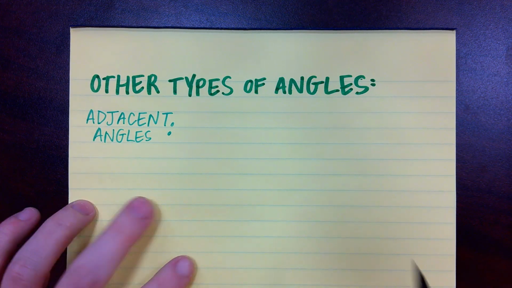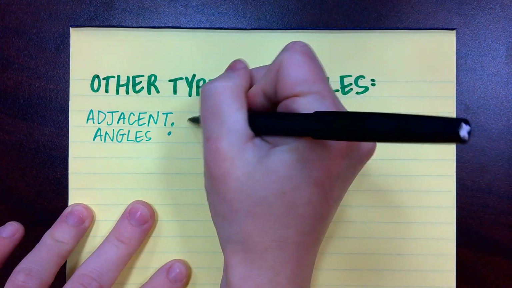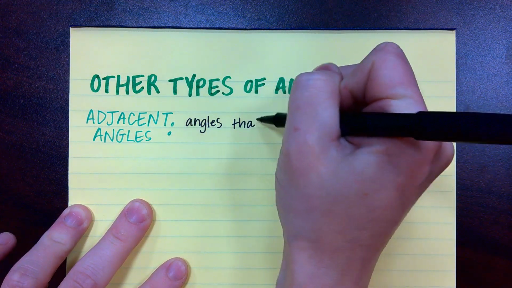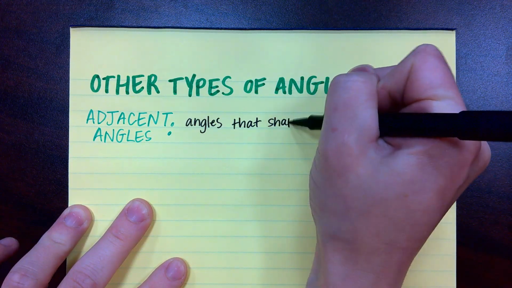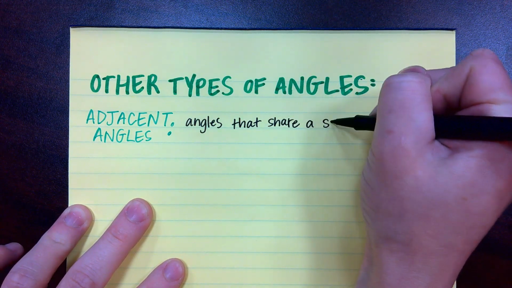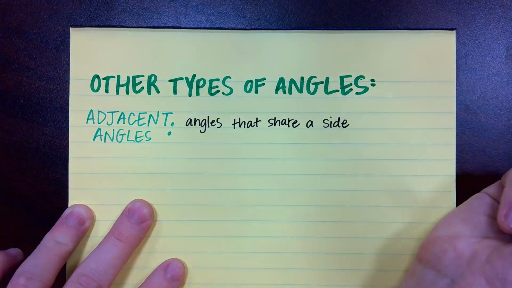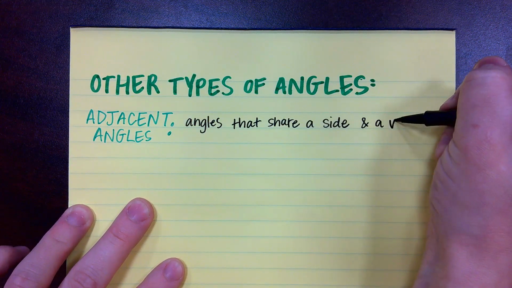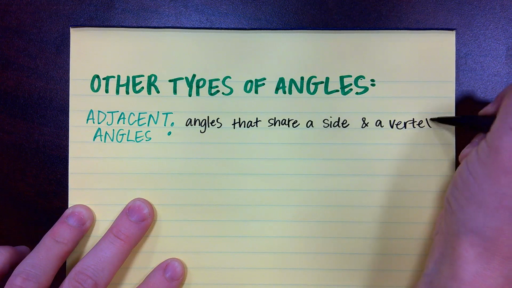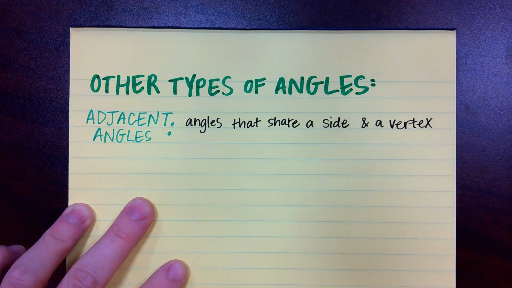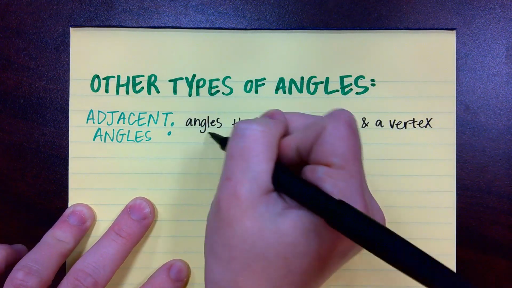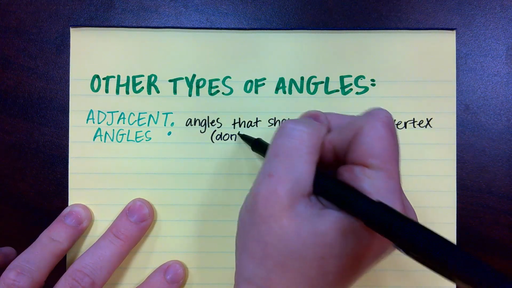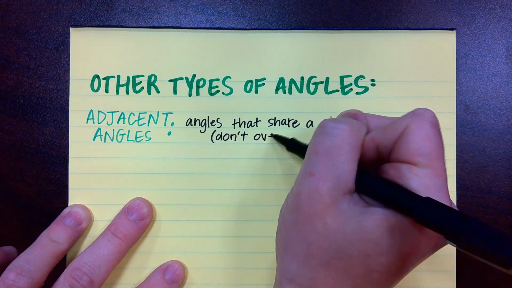So adjacent angles are angles that share a side and a vertex. And they don't overlap. So I'm going to put that in parentheses. They don't overlap. So we'll draw a picture to explain.